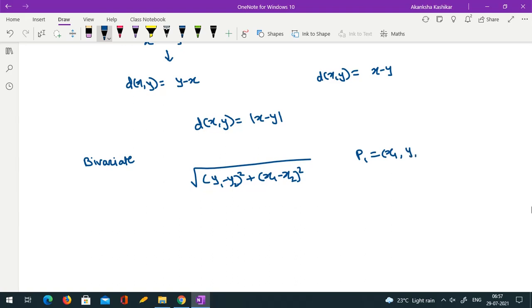So that is Euclidean distance. What about others? Now, what are the properties of distance function? Have you studied properties of distance function?